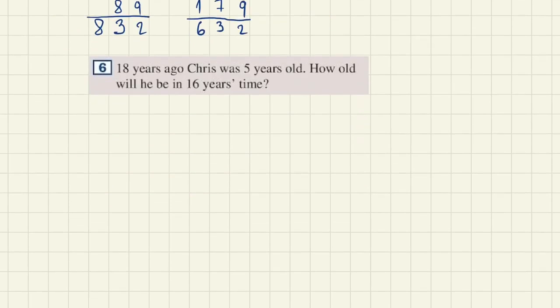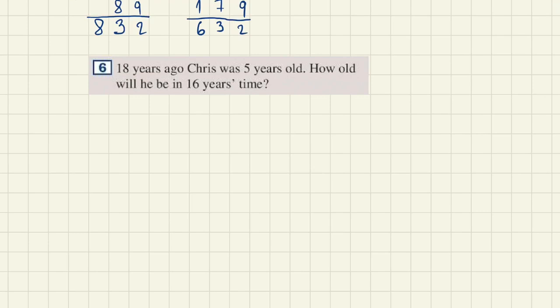Okay, and this is a small word problem that we will be doing. 18 years ago, Chris was 5 years old. How old will he be in 16 years' time? So a good way to solve a word problem is to make a small picture or maybe a diagram. Whatever helps you to visualize it. So let's do kind of an age line.